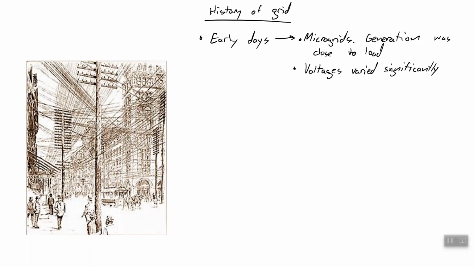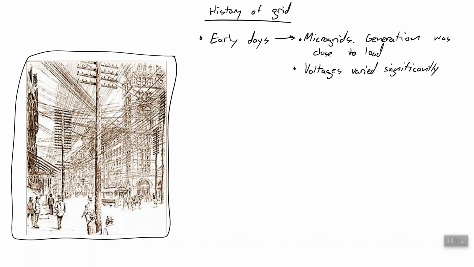I mean, there was a different voltage for almost everything, which is why in this picture of New York in, I believe, about 1890, we see thousands of different wires, given some of these are telegraph wires. But still, a lot of these would be different voltages corresponding to different machines, different items needing different voltages, and it's just very, very messy.